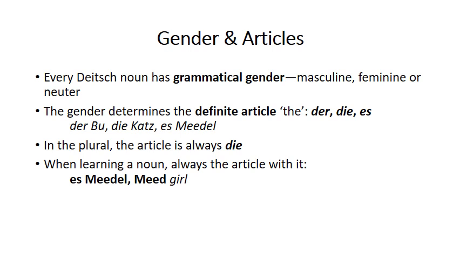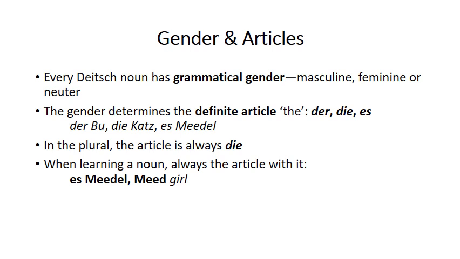Now, I don't put in die maid, the plural definite article, the girls, because if you start putting in the plural, the die, your connection with the definite article actually gets a bit weakened because you're saying es Mädel, die maid, and you've got these two definite articles when you're learning it. I think that makes it a lot harder. So the best way to learn a noun is just es Mädel, maid. That means the girl, girls. Es Mädel, maid. When you learn a noun, you learn the definite article with it.